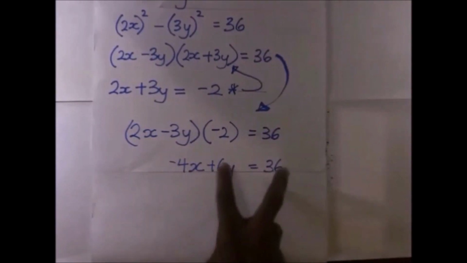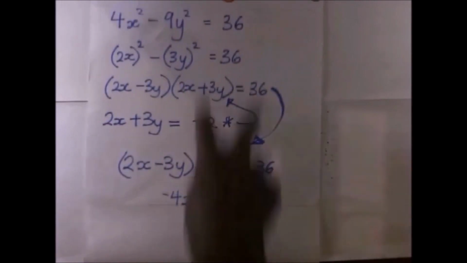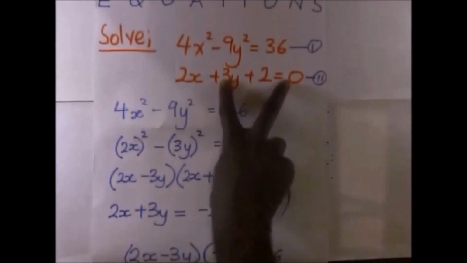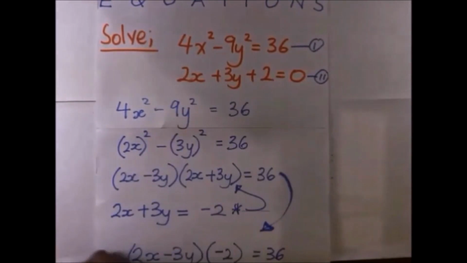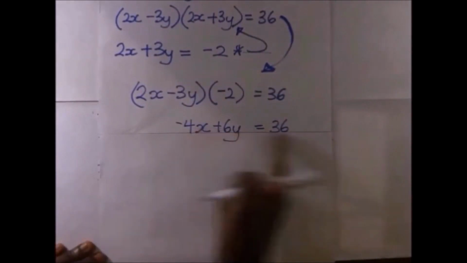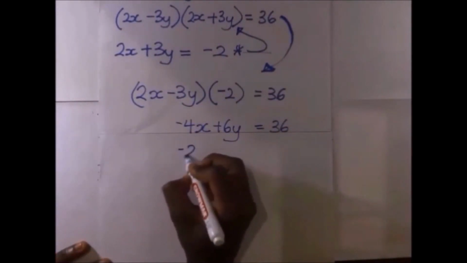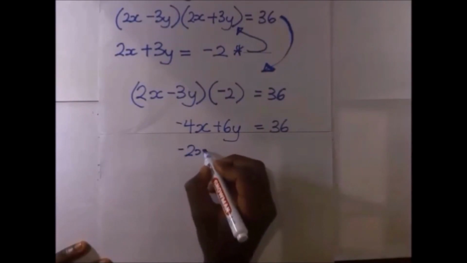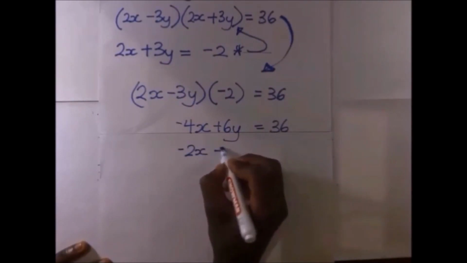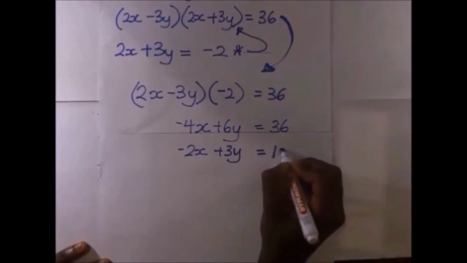So it means that we can now solve this linear equation with the other linear equation simultaneously. And when you solve those two simultaneously, we will be able to get the value of x and y. If you divide through here by 2, it's the same as saying negative 2x plus 3y is giving us 18.